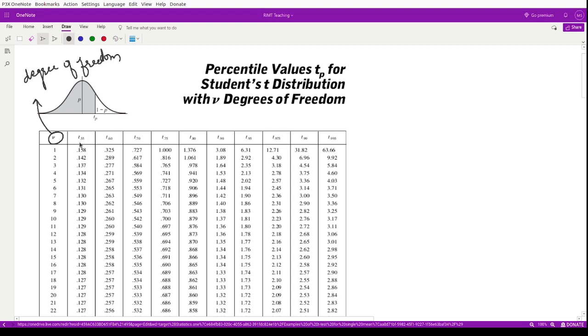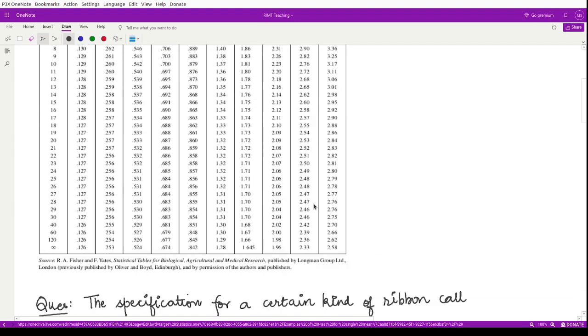So if you want to find the t value for, say, 2 degrees of freedom at the 1% level of significance, or say for the 5% level of significance, then you will look for the values of t where it is listed as 0.95, because we want to check for 5% level of significance. For that, your value would be 2.92. According to this, you will see this table. This would be more clear to you from these examples.